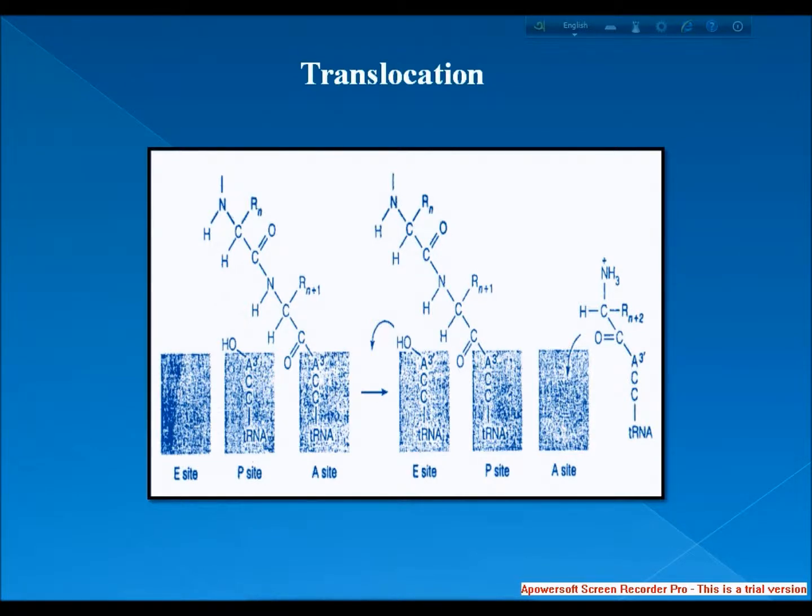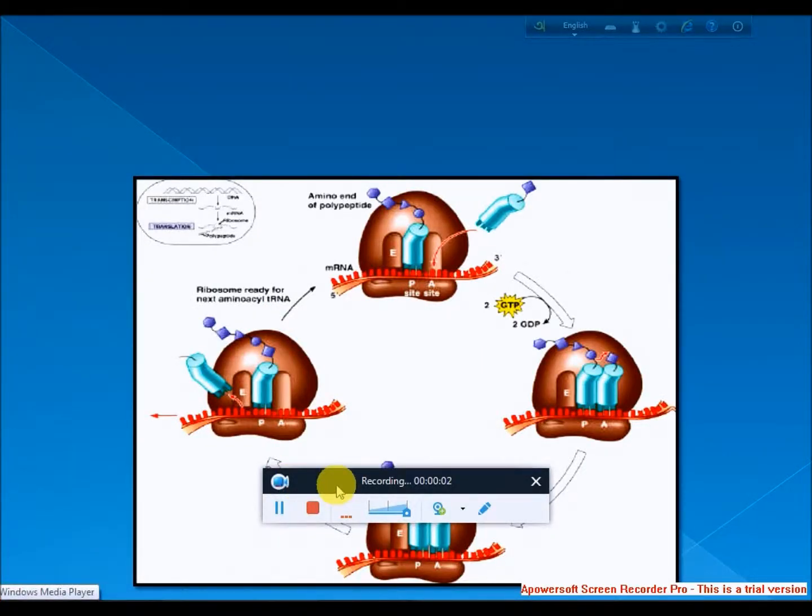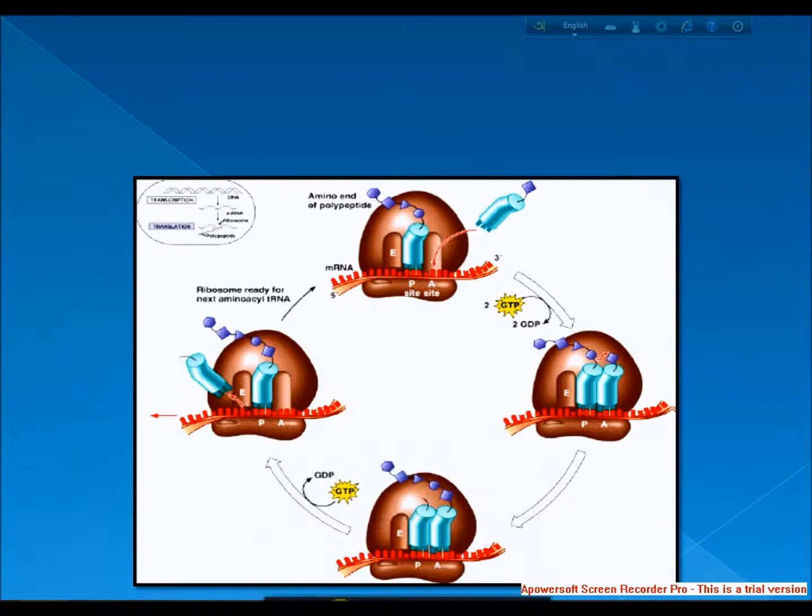After GTP hydrolysis, EF-G GDP is released from the ribosome. The tRNA carrying the polypeptide chain and the next mRNA codon is in the P site, and the A site is open. The ribosome is now ready to start the elongation cycle over again to add a new amino acid until a termination signal is reached.